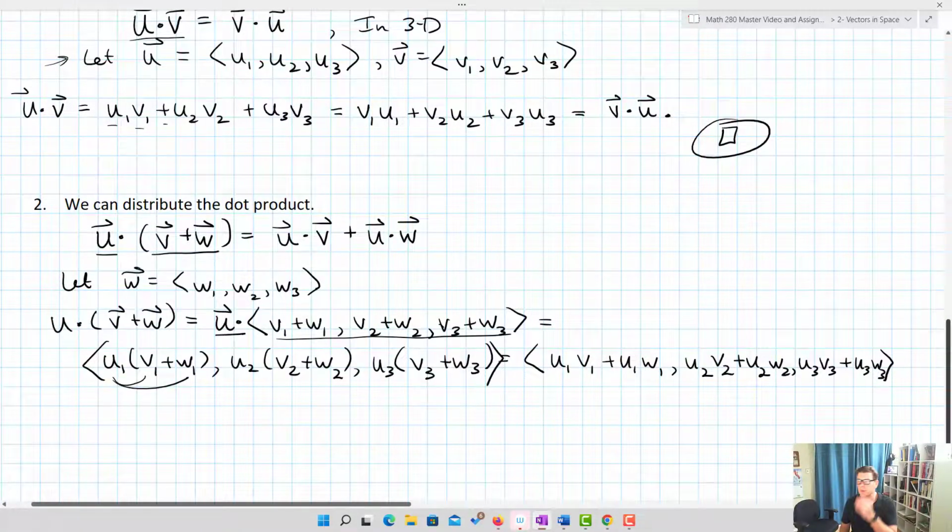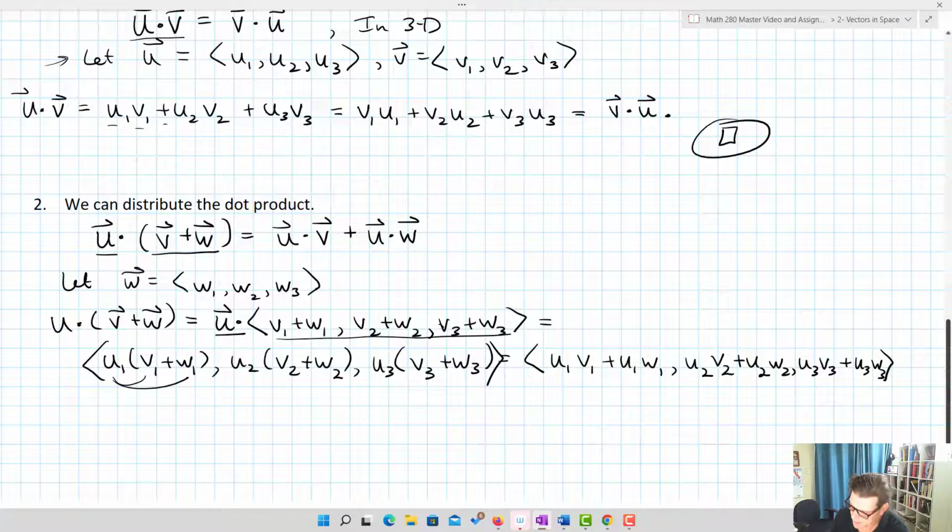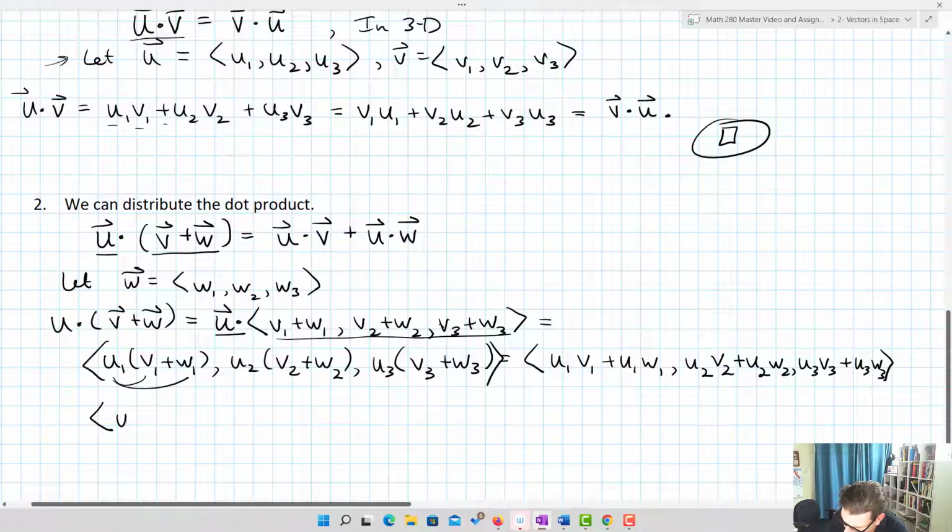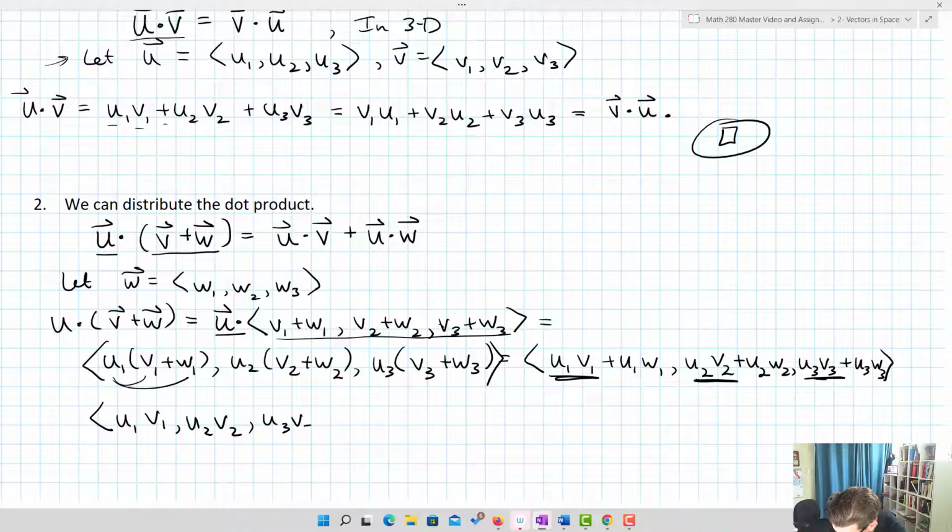Now we can separate these out, knowing what we know about vector addition. So this is now u1 v1, comma, u2 v2, comma, u3 v3, plus u1 w1, comma, u2 w2, comma, u3 w3.